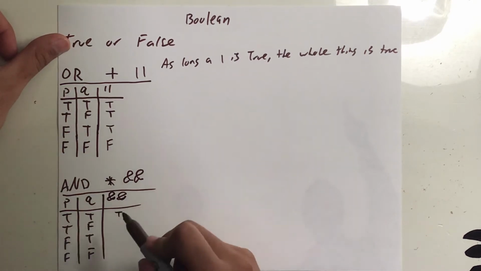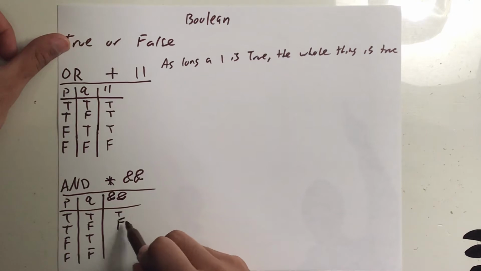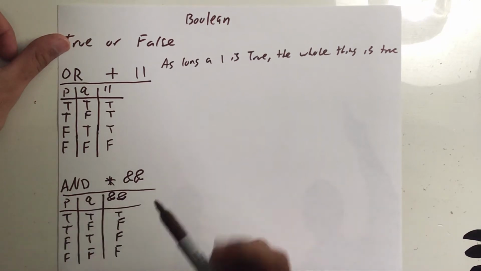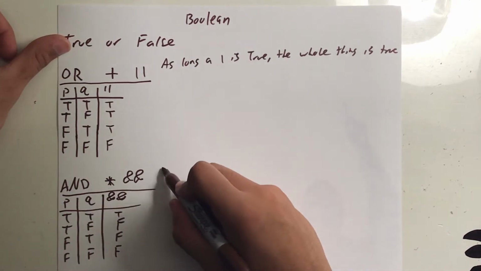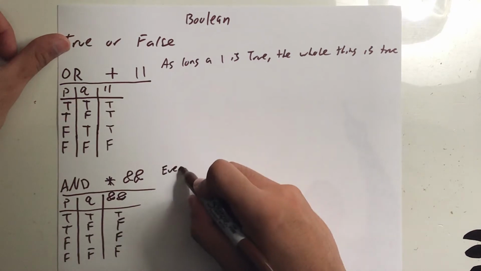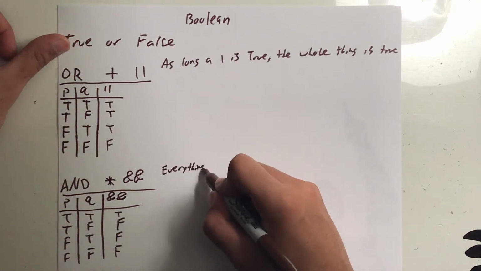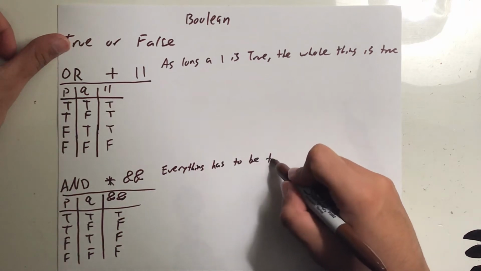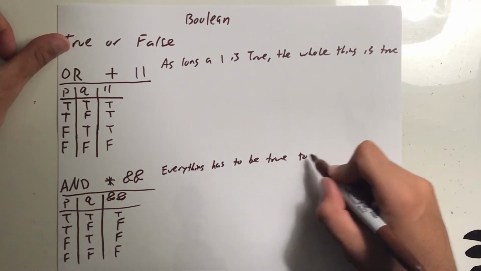True and false gives you false. False and true gives you false. And false and false gives you false. So the key thing about AND is that everything has to be true to be true.